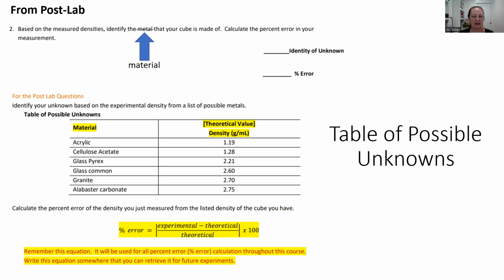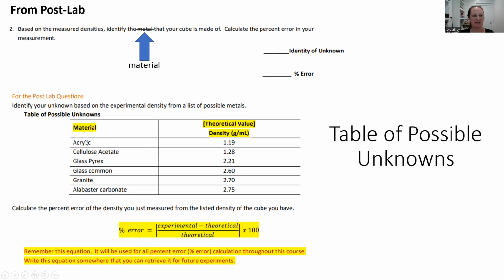It's based on comparing your calculated density to the density in this table. Hopefully it's very close to one of these numbers, and then you'll figure out what your cube is made out of. That way you'll write in the identity of your unknown.